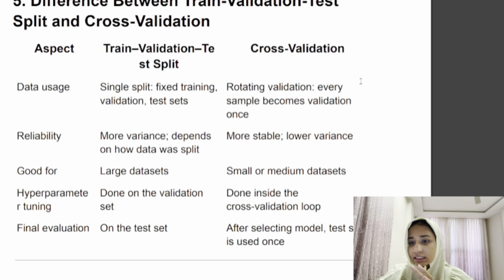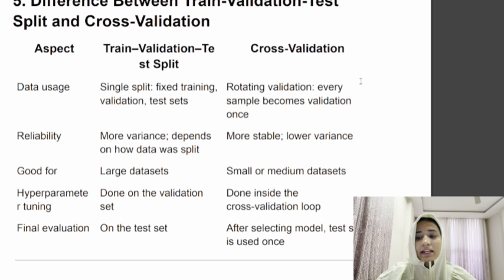In train validation test split, we have only one fixed validation set, while in cross validation every sample becomes validation. Train validation is used for large data sets, and cross validation for small or medium data sets.